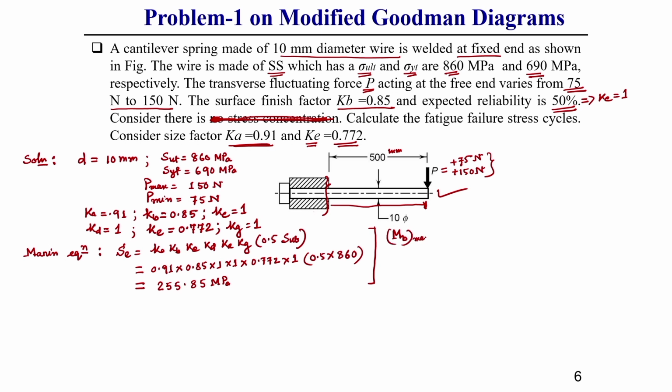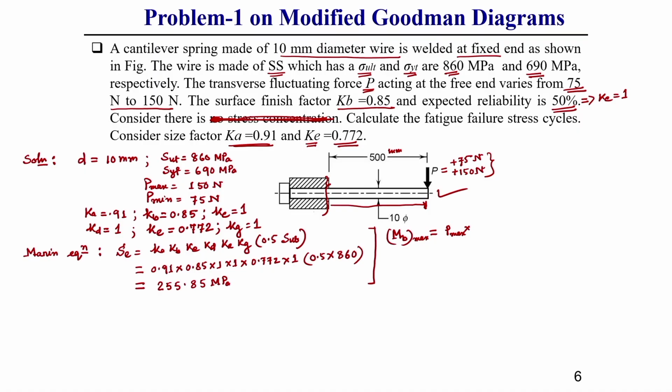First of all, the maximum bending moment you can write as maximum force into the distance from the fixed end to the loading point, because in the case of a cantilever beam, as you know from the bending moment diagram and shear force diagram, the maximum bending moment occurs where the fixed end is. Keep this in mind, because moment equals force into distance.